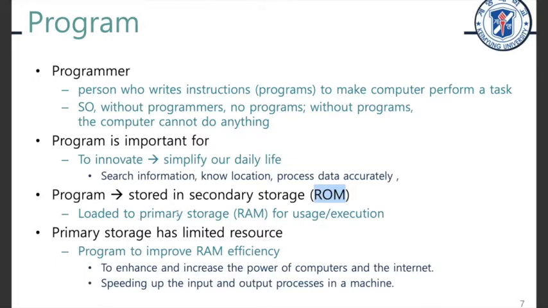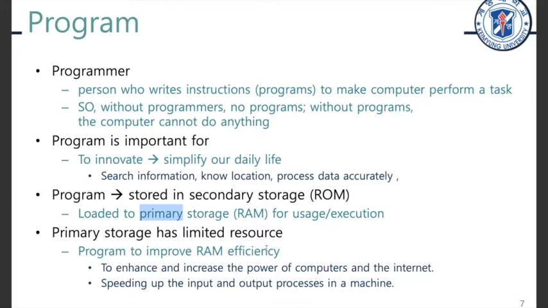And why can't we store everything in primary storage? Your question would be, if both of these are storage, why can't we store all of the programs in our RAM, or random access memory, or primary storage? Because primary storage has very limited resources. So we cannot store everything in our primary storage.